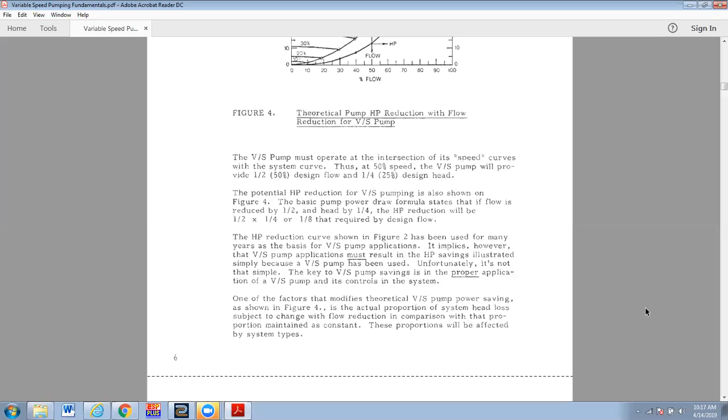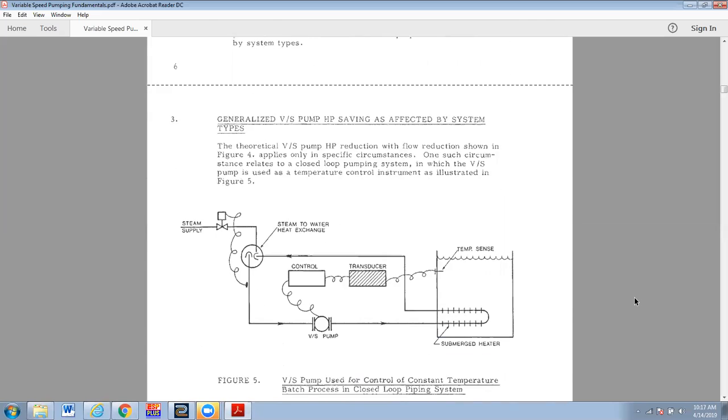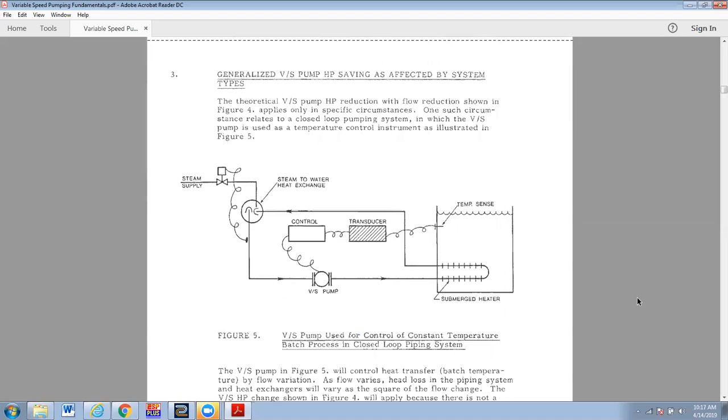So that's this last statement. These proportions will be affected by system types, and so we're going to look further into that. Under number 3 here, generalized variable speed pumping horsepower saving as affected by system type. So we're right in the middle of that discussion now.